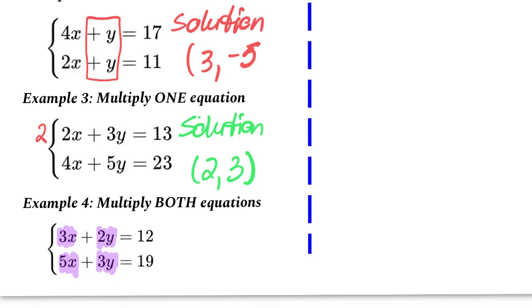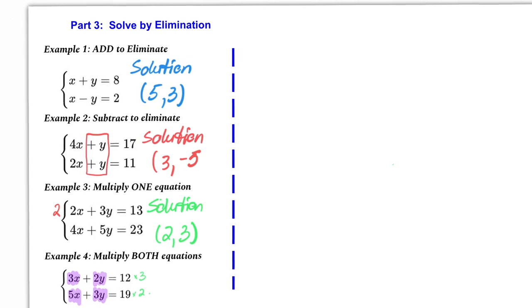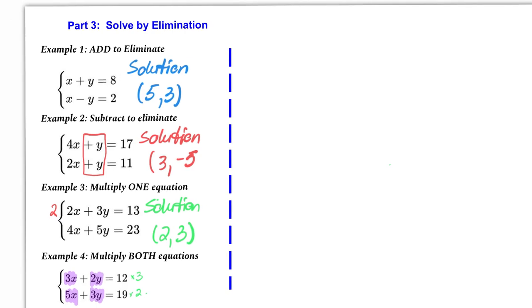Well, if I multiply 2 by 3, that will be 6. And then if I multiply 3 by 2, that will be 6 as well. So that's the easiest one to do. So let's go ahead and do that in here. Basically, we're going to multiply both equations at this point by different numbers.